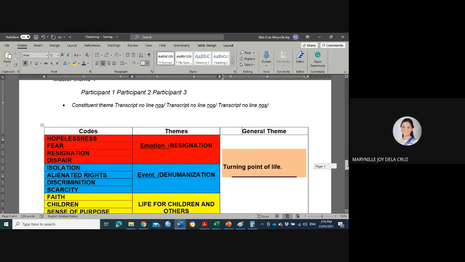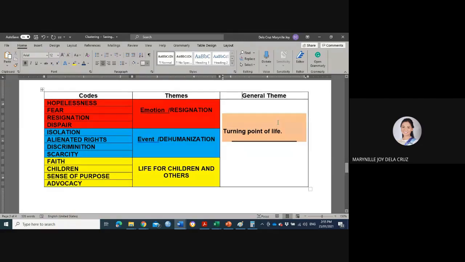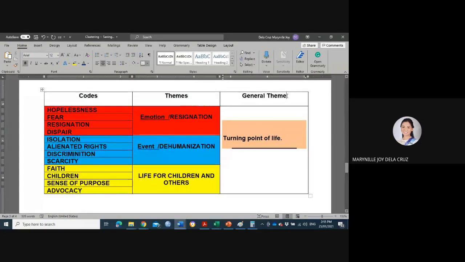What is a general theme? When you're talking about the general theme, it could be the main idea of the codes and the themes. So, based on this emotion, event, dehumanization, life of others, and these are your codes, what do you think is the general theme?